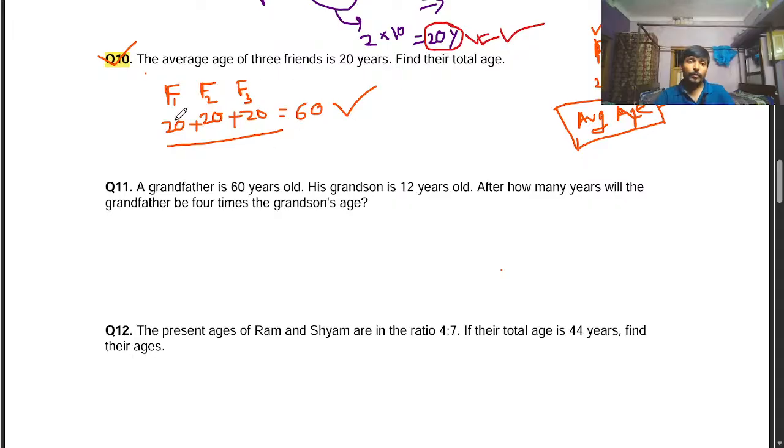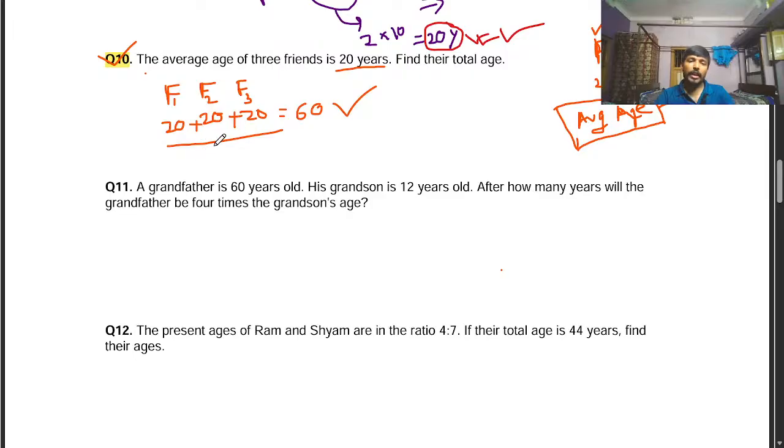So f1, f2, and f3: the average of the three friends is 20 years. So the actual total age will be 60. How? Because the average is 20 years, the age of these three friends is equally the same: 20 years, 20 years, and 20 years.